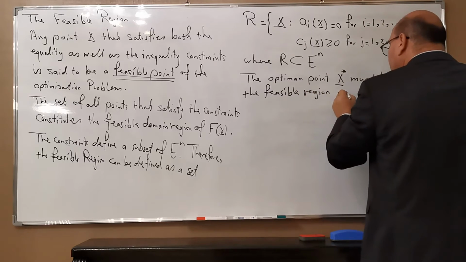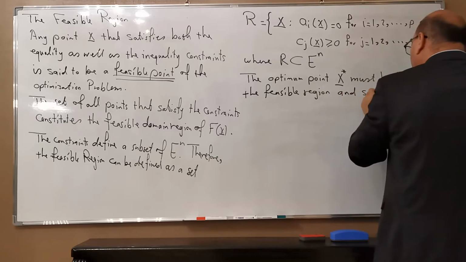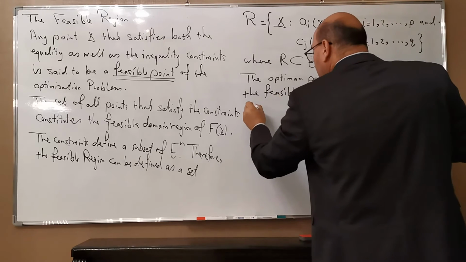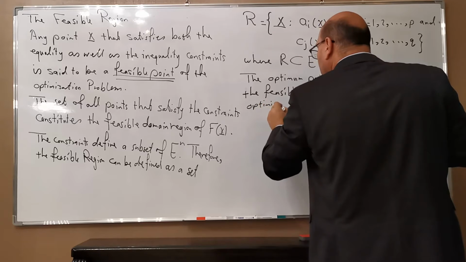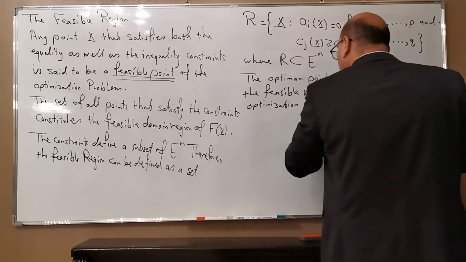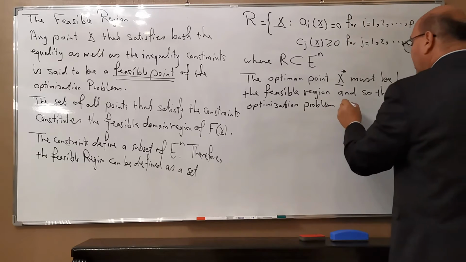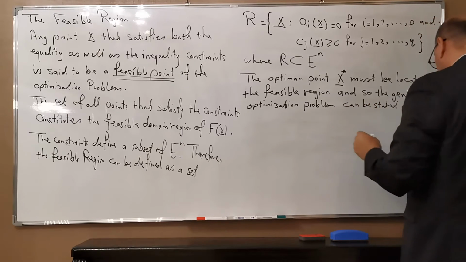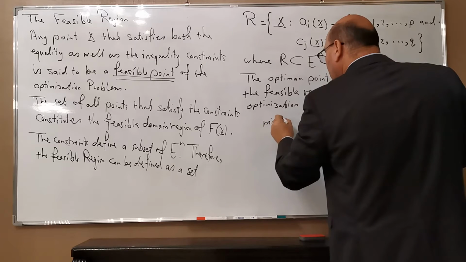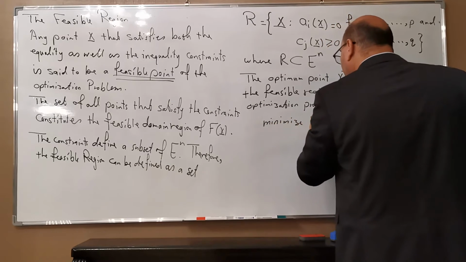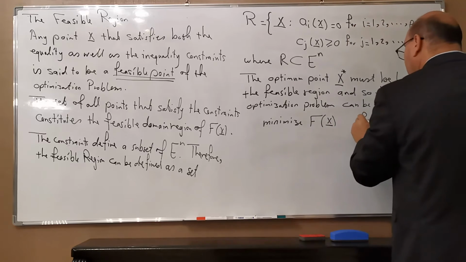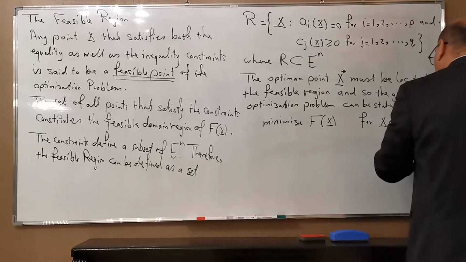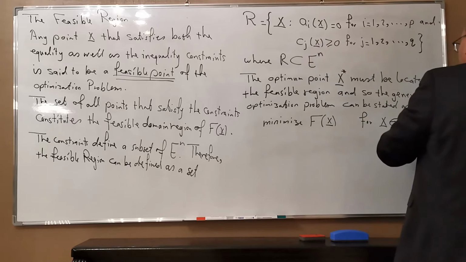And so the general optimization problem can be stated as: minimize f of x for x belongs to R, where R is defined as above.